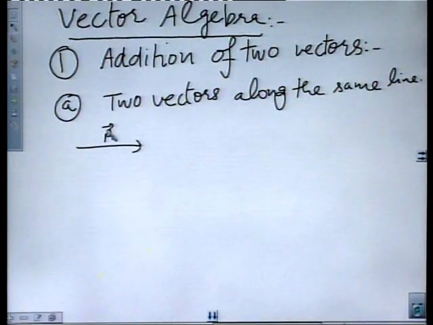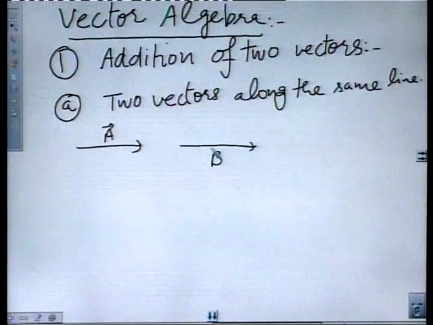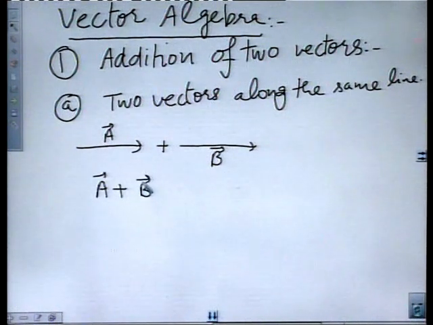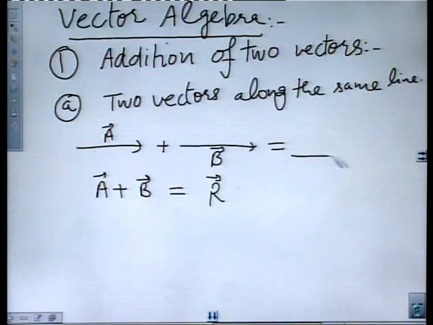First is the A vector and second is B vector, and they lie along the same line. So, if we have to add these two vectors A and B, A vector plus B vector gives rise to the resultant vector R vector, and this R vector is equal to the magnitude of both A and B, and the direction of R vector is same as that of A vector as well as B vector.